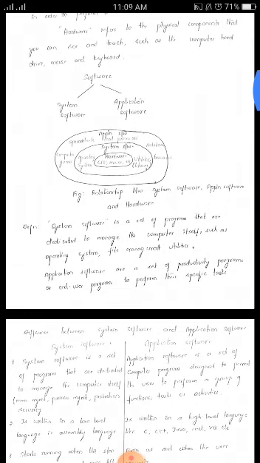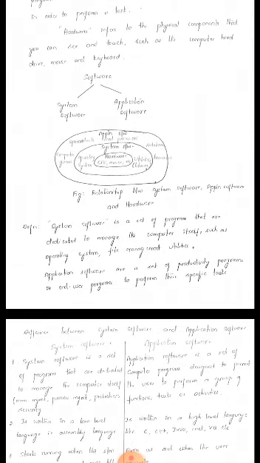But application software will be executed only when the user needs it, otherwise it will not be loaded onto the memory. All the system software, that is operating system, text editors, or CMOS settings, come under system software. They'll start when the system boots, and when you shut down, they'll stop executing, right?